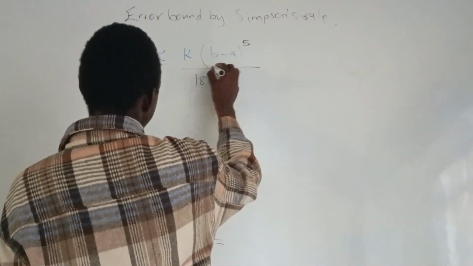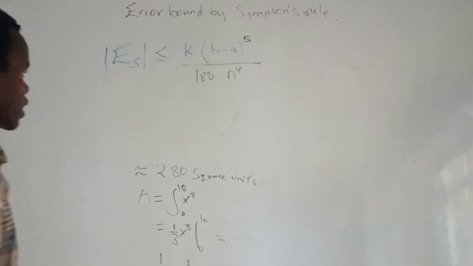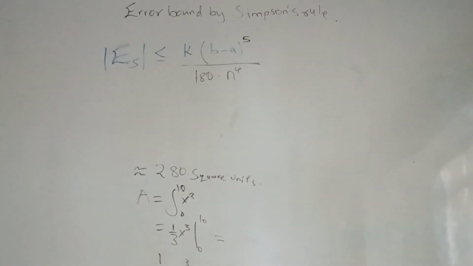So this is how we calculate the error bound using Simpson's rule.